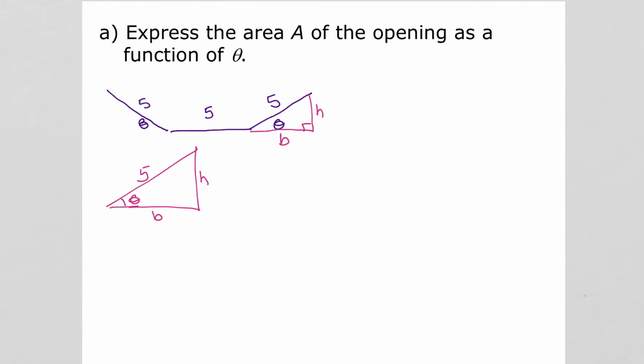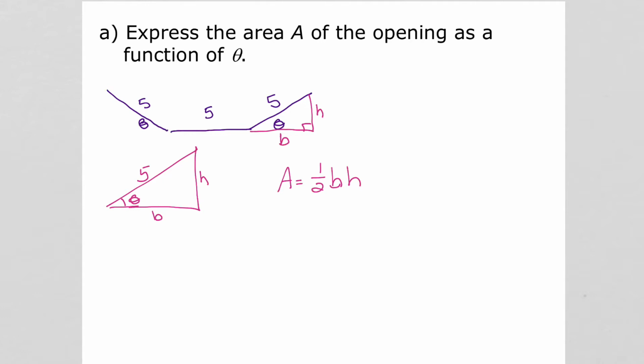How can we find the area of the opening as a function of theta? Well, we know that area is 1/2 base times height. That's why I called these B and H, because it's base and height.